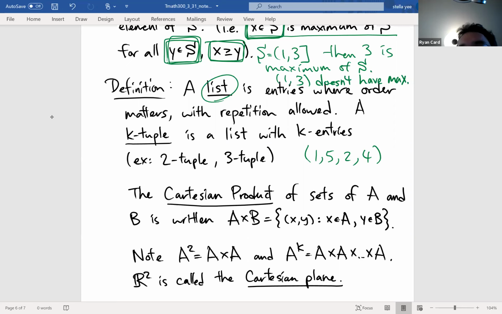This is a 4-tuple. When you're talking about a list, order matters. So 1, 5, 2, 4 is different from 5, 1, 2, 4 because 1 and 5 are flipped in order.